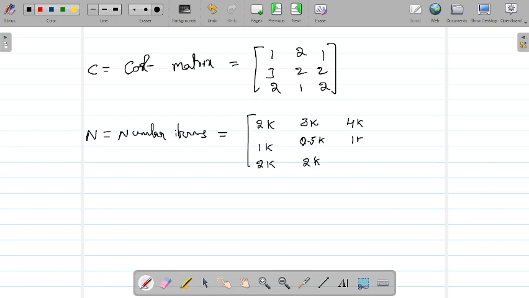Yeah, 1, 1.5, 0.5, 2.5. 1.5K, 0.5K, 2.5K. Okay, so now this is a 3 by 3 matrix, this is a 3 by 4 matrix. So now you are going to get a 3 by 4 matrix here.